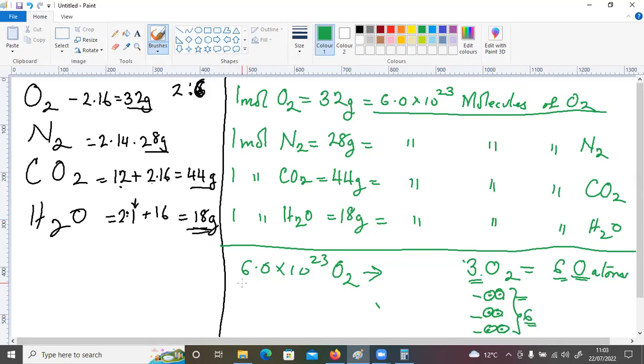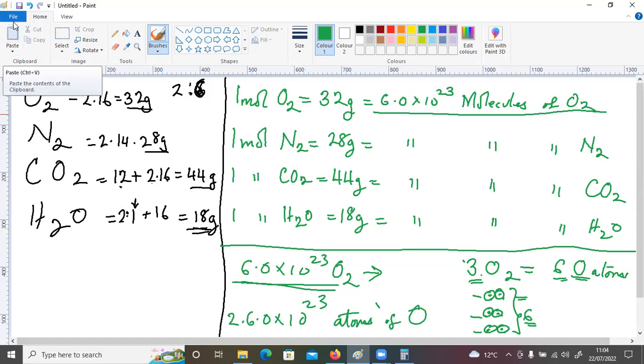So when I deal with 6.0 times 10 to the power 23 molecules of oxygen, it will contain 2 multiplied by 6.0 times 10 to the power 23 atoms of O.